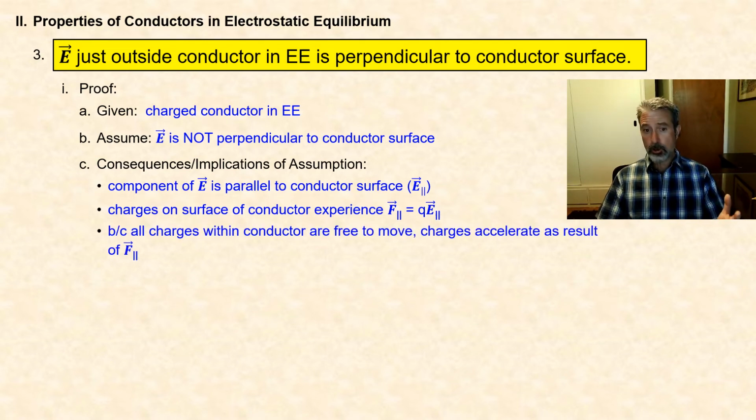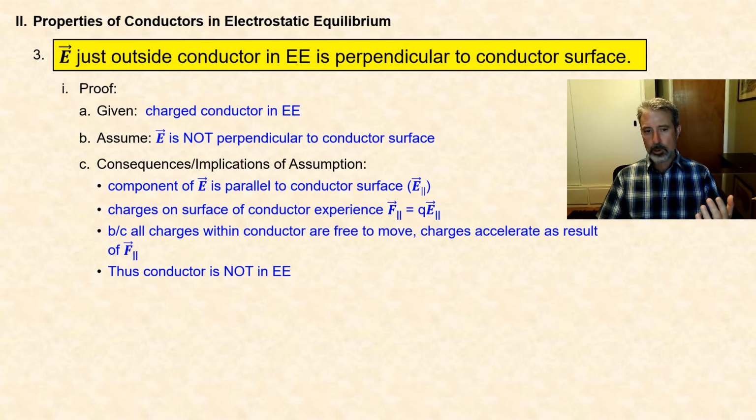Now, because all charges within the conductor are free to move, the charges will accelerate as a result of that parallel force. Thus, if those charges accelerate, that conductor cannot be in a state of electrostatic equilibrium. So you see here that it's led us to this inherent contradiction.